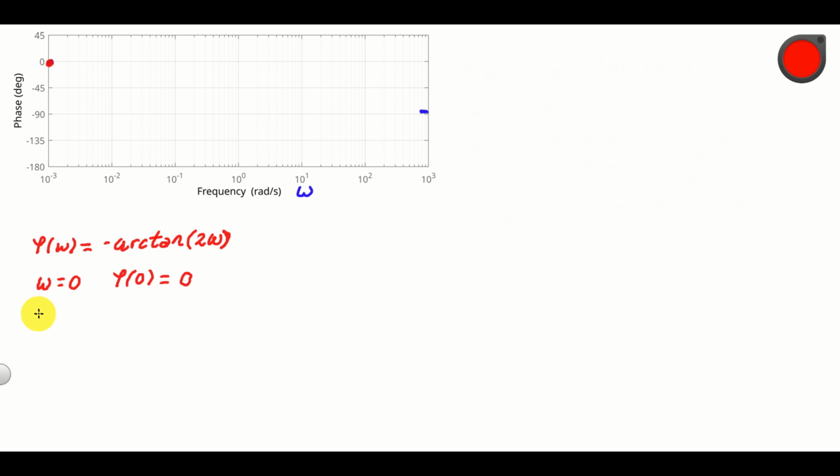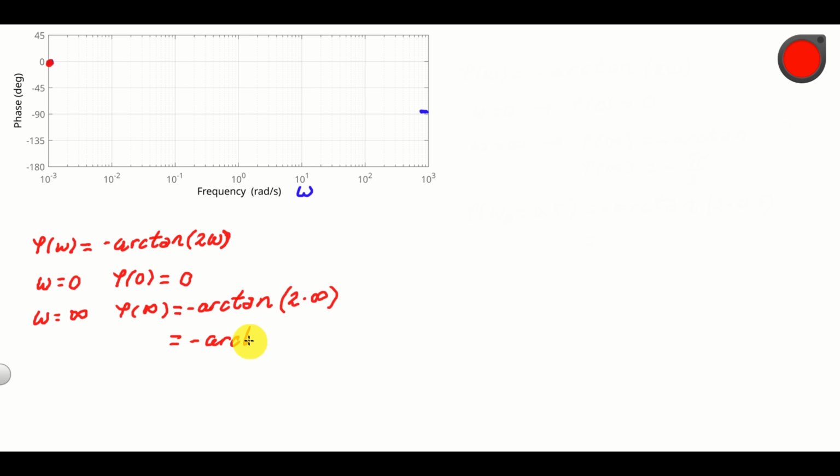Another point is when omega is equal to infinity. Phase at infinity is minus arctan of 2 multiplying infinity, and 2 multiplying infinity is again infinity.